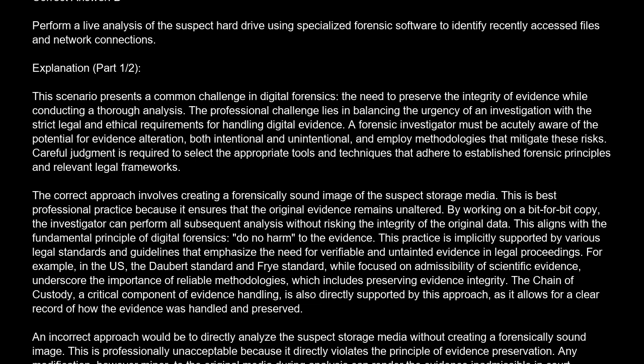For example, in the U.S., the Daubert Standard and Frye Standard, while focused on admissibility of scientific evidence, underscore the importance of reliable methodologies, which includes preserving evidence integrity. The chain of custody, a critical component of evidence handling, is also directly supported by this approach, as it allows for a clear record of how the evidence was handled and preserved.